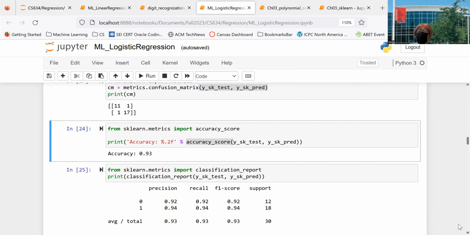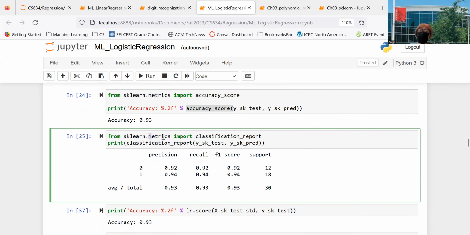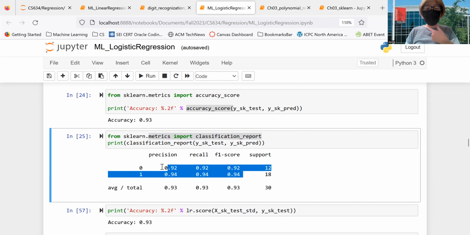And you can also do a classification report. The classification report gives you precision, recall, and the F score. If you take a look, for both classes, the precision and the recall are pretty high, above 90%.